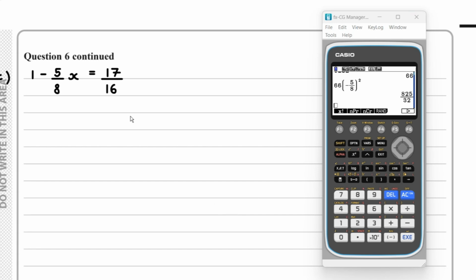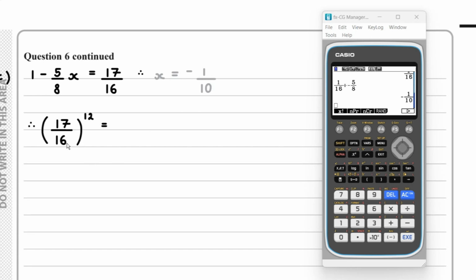To find out what x is, we would have to do 17 over 16 subtract 1, and then we would do the 1 over 16 divided by negative 5 over 8, which gets us negative 1/10, which means x is equal to negative 1 over 10.